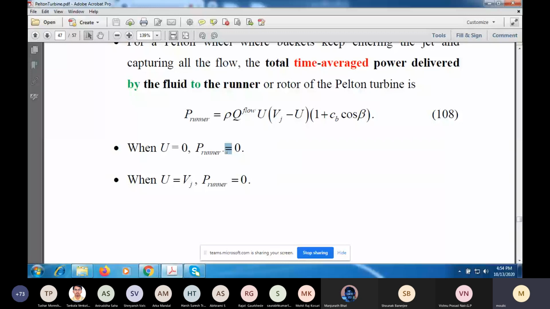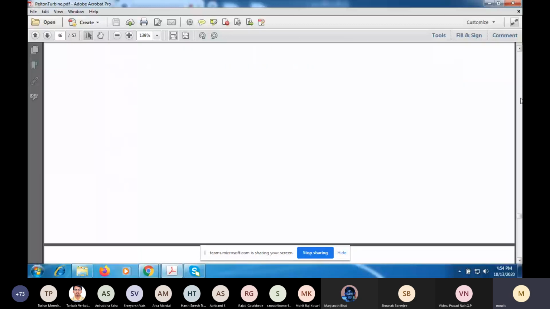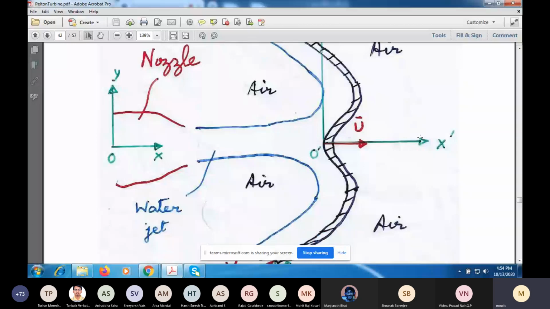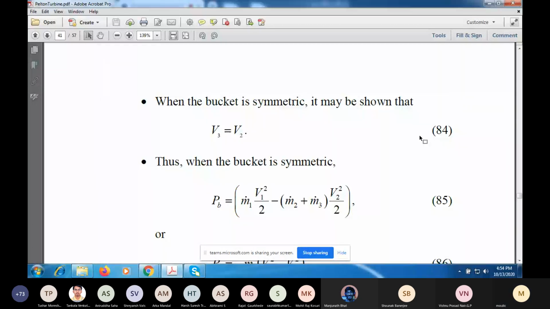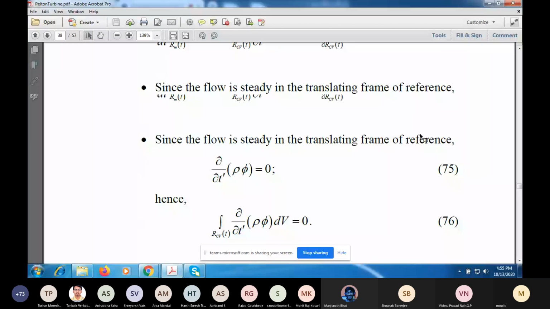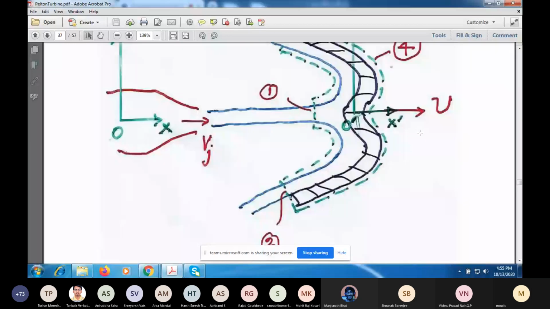Now when U is Vj, the fluid is not striking the blade. If I go back and look at this figure or the one before, if the control volume is moving to the right with the velocity Vj, then fluid particles will not enter the control volume.